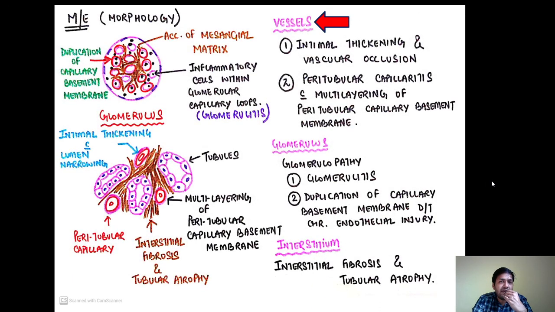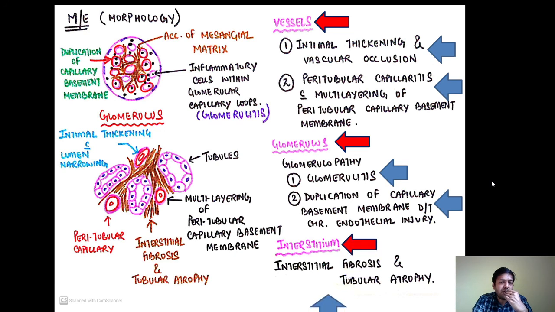At the level of the vessels, we have intimal thickening and vascular occlusion, and peritubular capillaritis with multi-layering of the peritubular capillary basement membrane. At the level of the glomerulus, we have glomerulopathy characterized by glomerulitis as well as duplication of the capillary basement membrane due to chronic endothelial injury. And at the level of the interstitium, we have interstitial fibrosis and tubular atrophy.